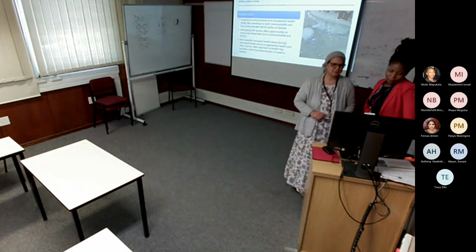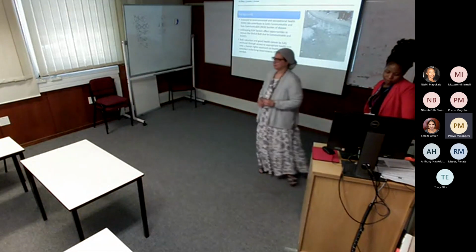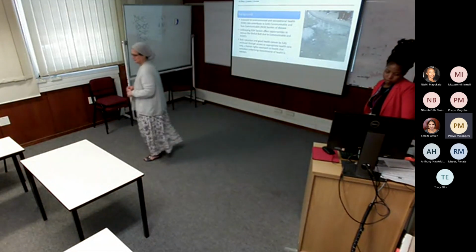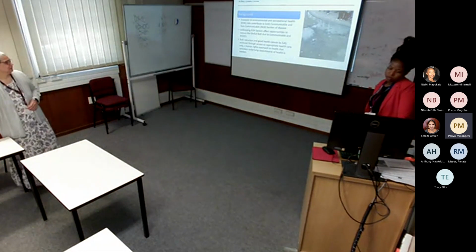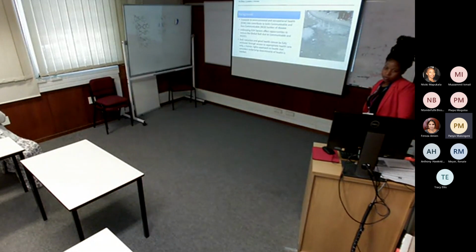Please go ahead. Yes, I just wanted to ask, thank you so much for that presentation, first of all. Often, we speak about environmental health, but we know it's very much linked to other health concerns. And I think in South Africa, very active. So I wanted to ask, what other health concerns did you specifically identify that could be used to promulgate these interventions and push the government to act?